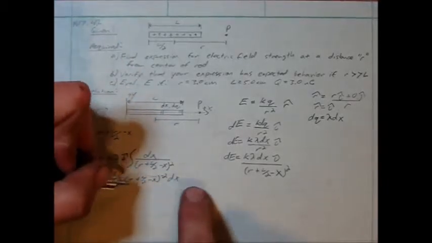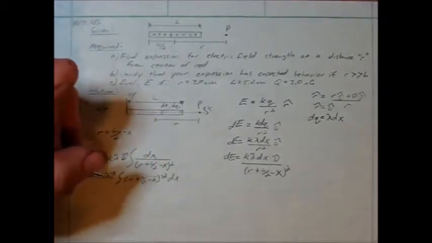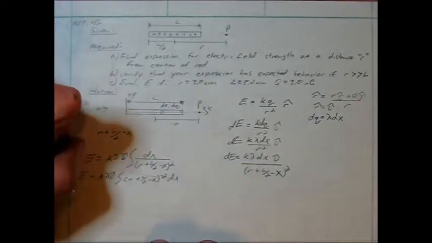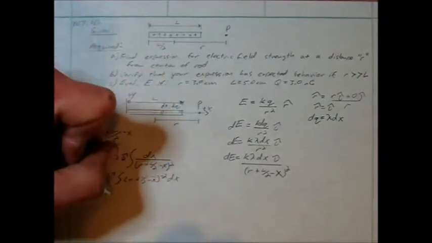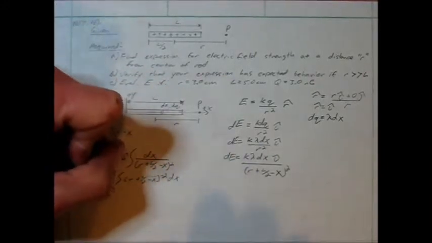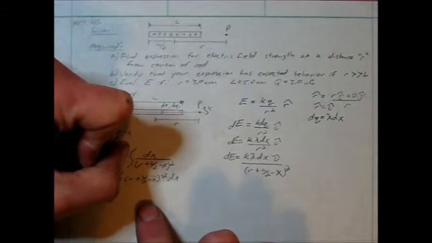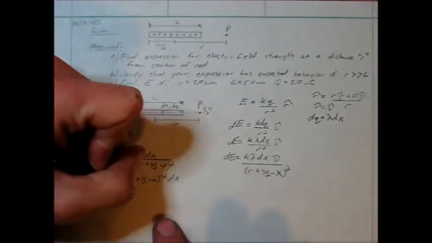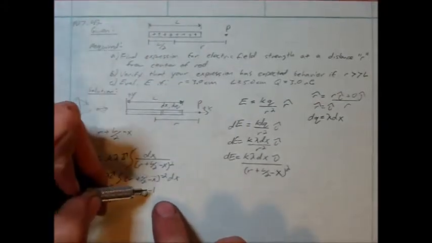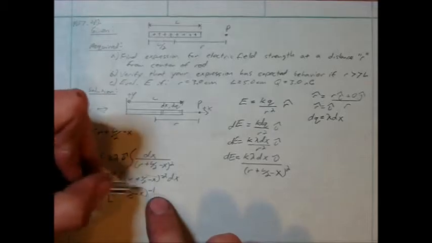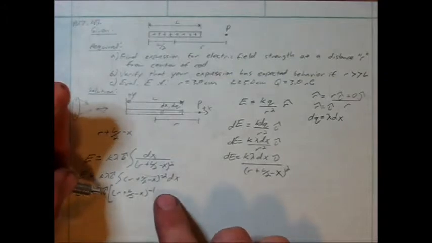And then you would also need to take care of anything that would happen when you found the derivative of anything inside this expression. Let me go ahead and write that first, since we know that's going to be in it. E equals k lambda I hat. We're integrating here, so let's keep that separate. R plus L over 2 minus x to the negative 1. Alright, now to go from negative 1 here to negative 2, there would have had to have been a negative 1 that came out when we took the derivative.